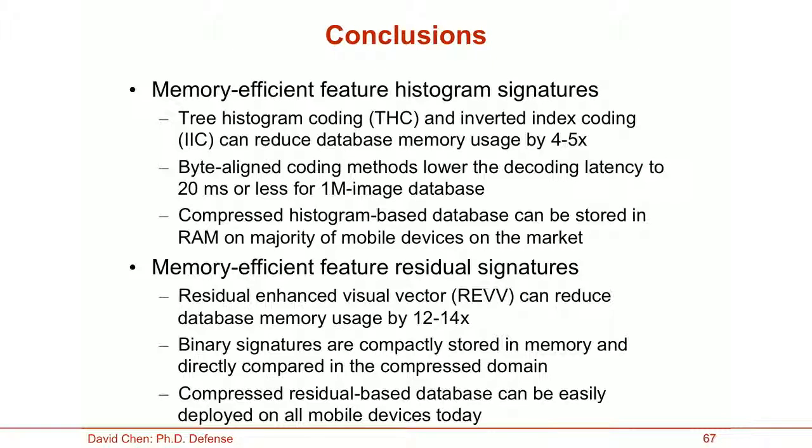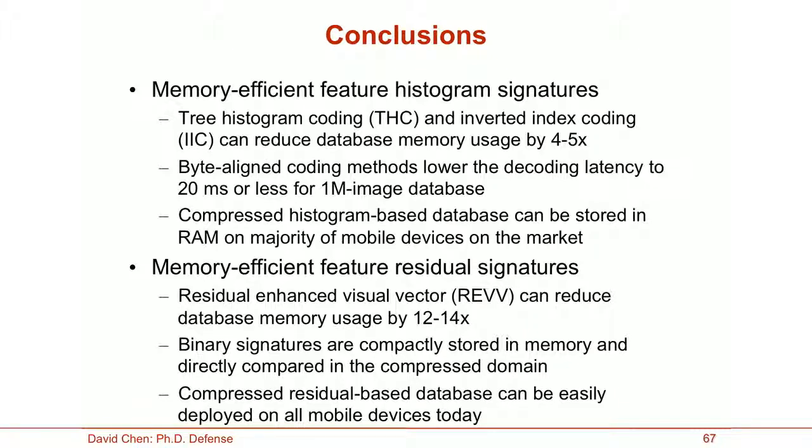If we use byte-aligned coding methods, we can reduce the decoding latency to 20 milliseconds or less for a database of 1 million images. And I've shown we can store a compressed histogram-based database on a relatively large set of images in RAM for the majority of mobile devices today.